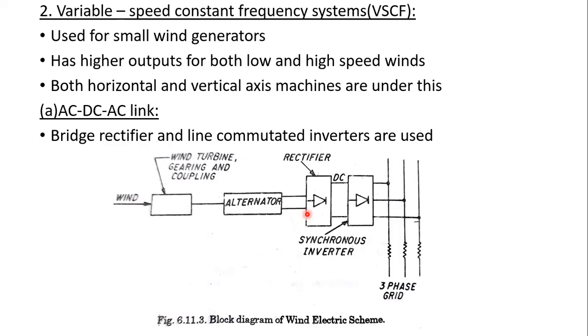These periodically reverse their polarity and cause commutation to occur naturally. Actually, commutation means the changing of polarity. As we are using an AC source, it periodically reverses the polarity, so the commutation process goes on naturally.